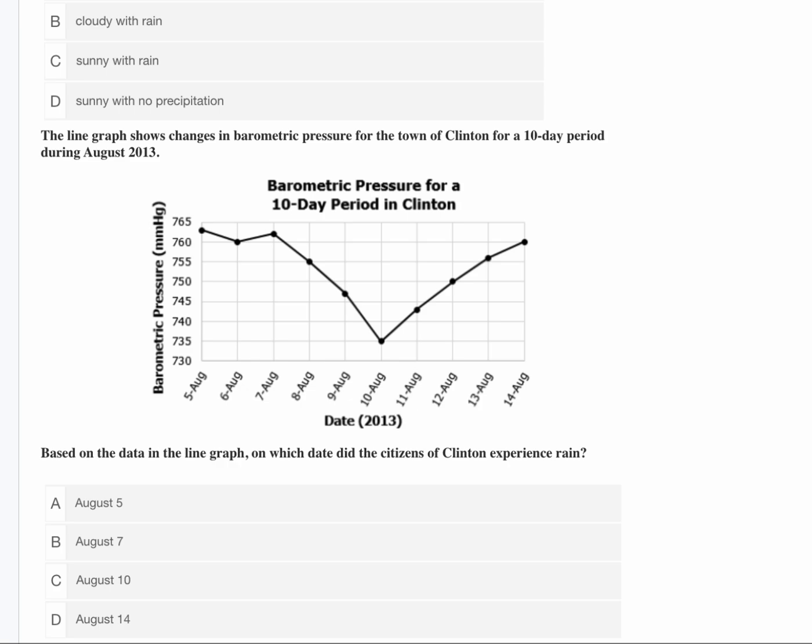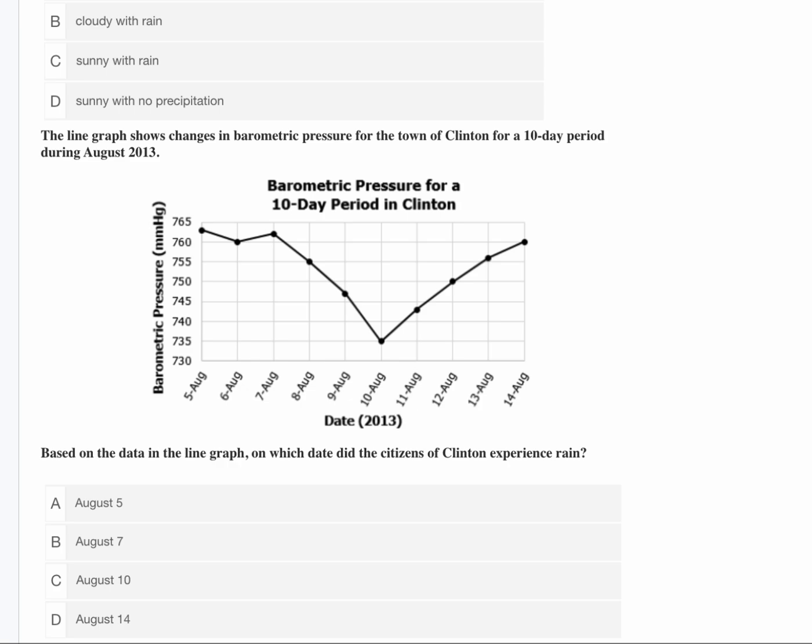The line graph shows changes in barometric pressure for the town of Clinton for a 10-day period during August 2013. Title: Barometric pressure for a 10-day period in Clinton. Y-axis: barometric pressure, 730, 735, 740, 745, 750, 755, 760, 765.